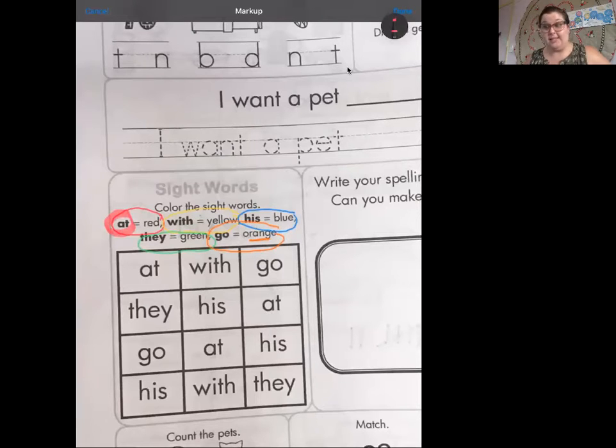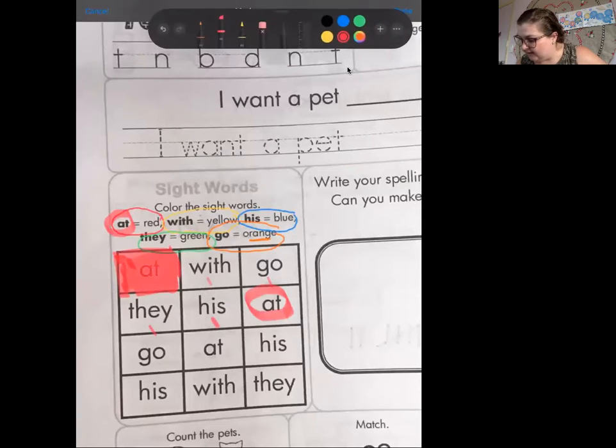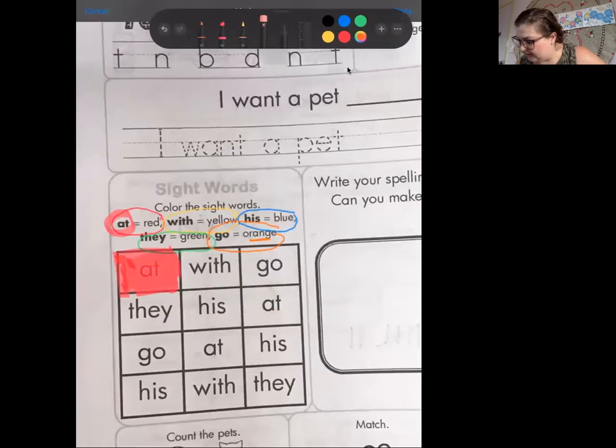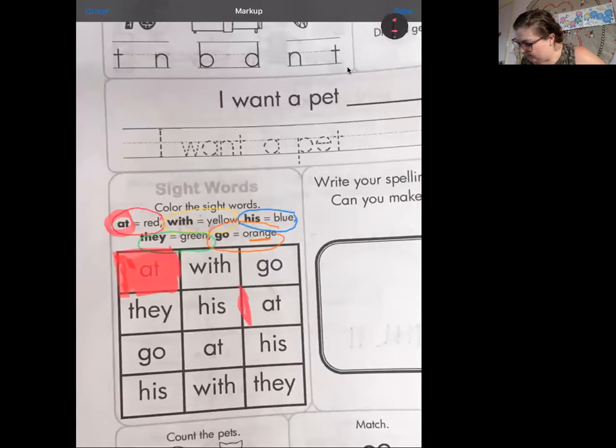So the first one says at, okay. So you can color that in with a crayon, okay? And then the next words are with, go, they, his. Oh, I found at again, right? So I'm gonna color at. Okay, keep going. So find the next one that says at, right?